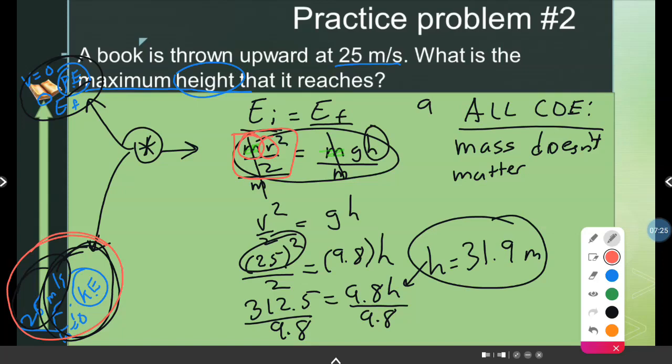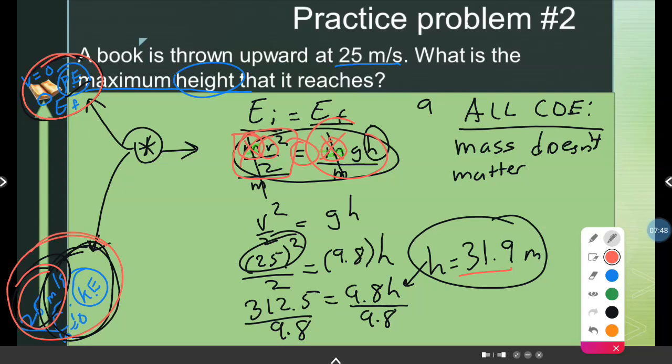But because the energy on the other side is also based on mass, that means mass cancels out. So the energy that the object has is simply based on the speed at the bottom, and that amount of energy has to stay the same at the top. So we used that equality to then solve for this height, which was 31.9 meters.